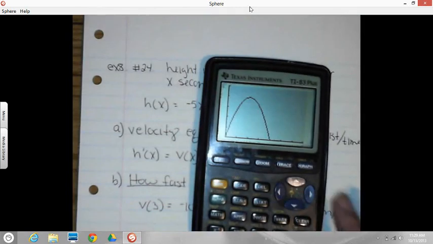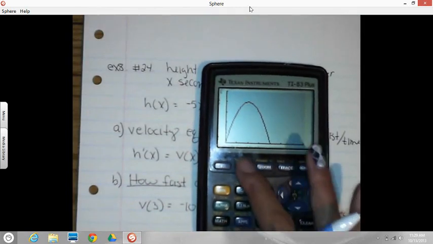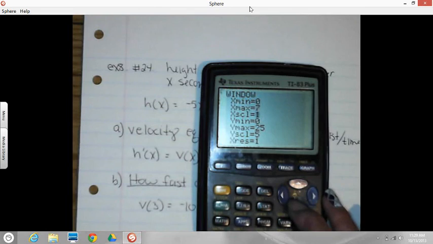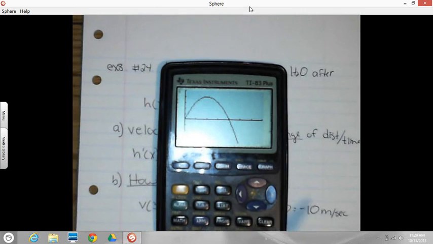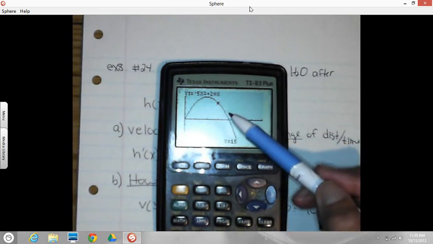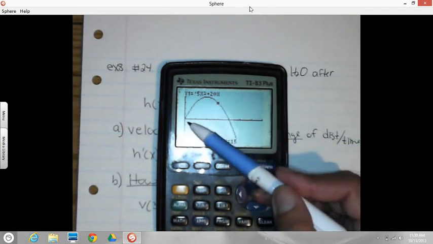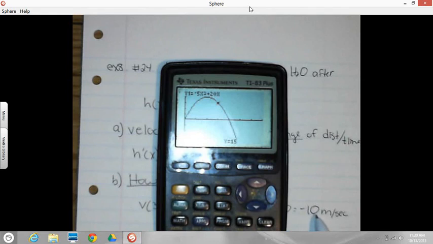Let's see, I'll go back to this. I'm going to have to see it down in the negatives here. Negative 20 we'll go to. So if I was to trace on this distance graph, it's going to tell me the distance that it's at from me. So trace to 3. There's the distance. It's 15 feet above where I'm standing, but it's moving at negative 10 meters per second.